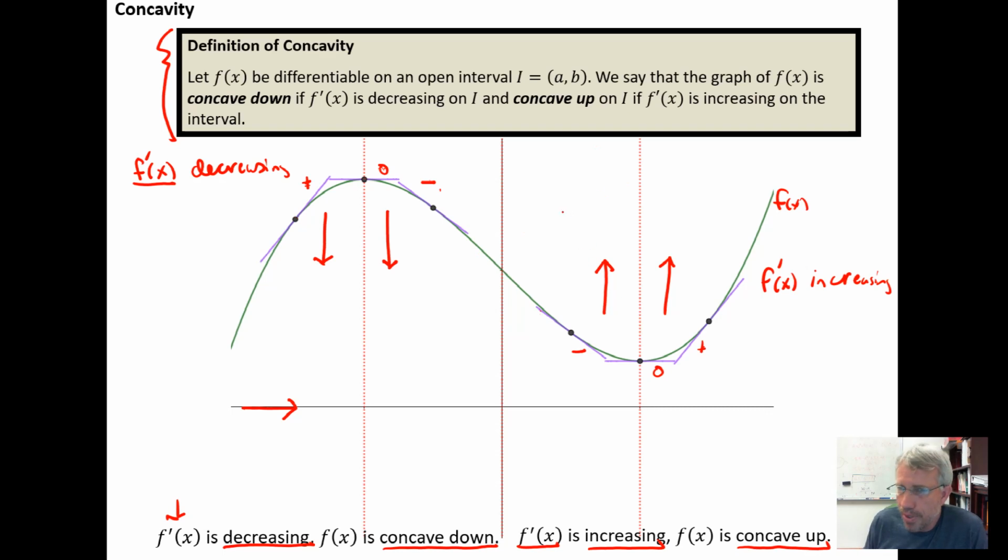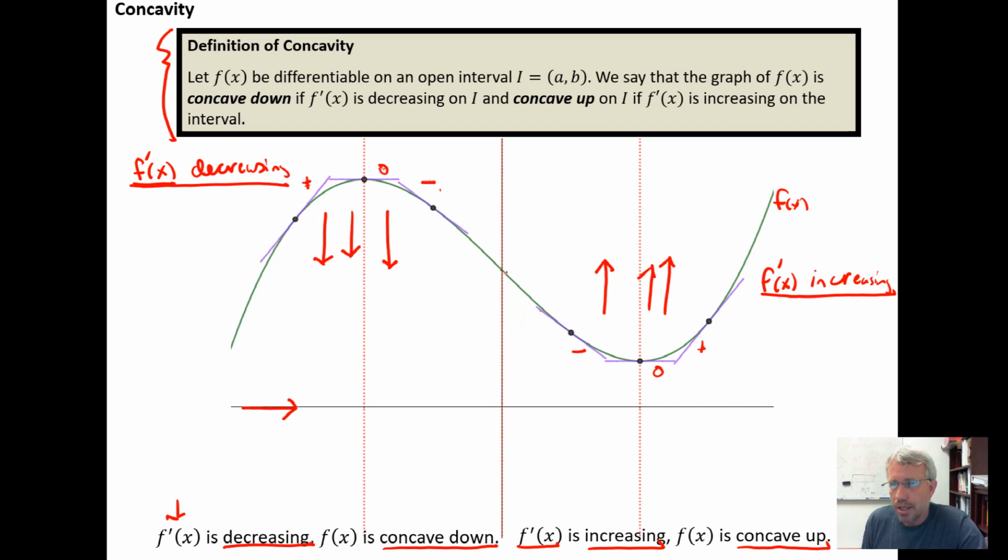So the first big thing to recognize is that what we need to know to determine whether we're concave down or concave up is just whether the derivative is decreasing or increasing. That's the first thing to know.